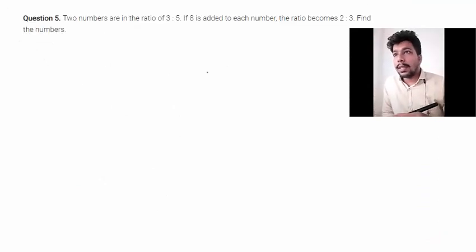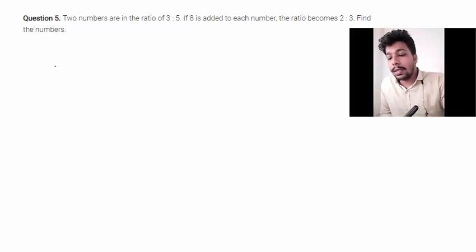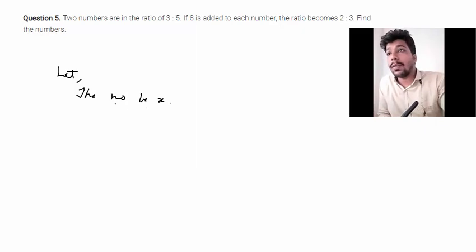Now two numbers are in the ratio of 3:5. If 8 is added to each number, the ratio becomes 2:3. So find the numbers. So let the number be x. Okay, first of all we'll take the number to be x.